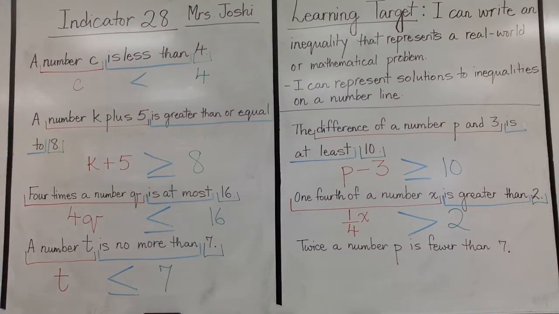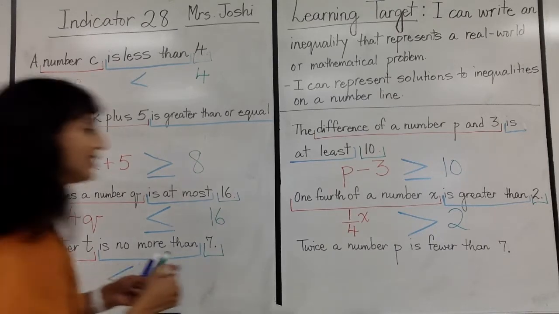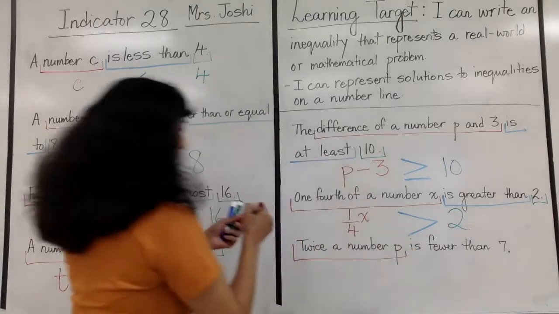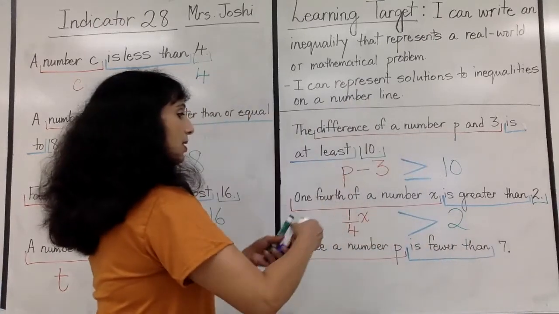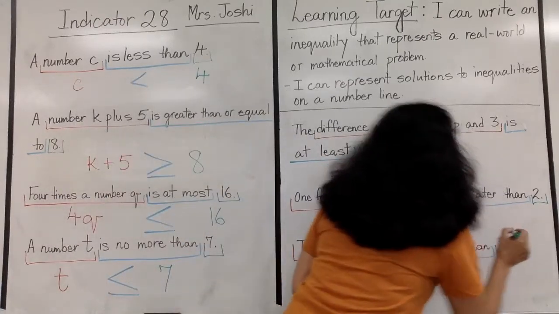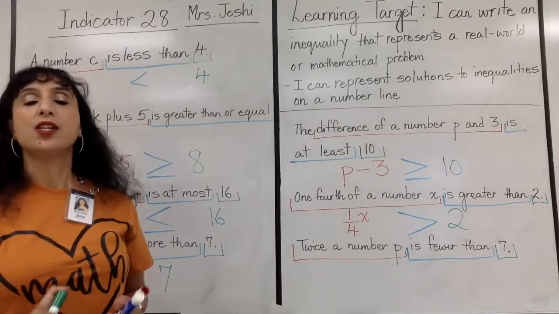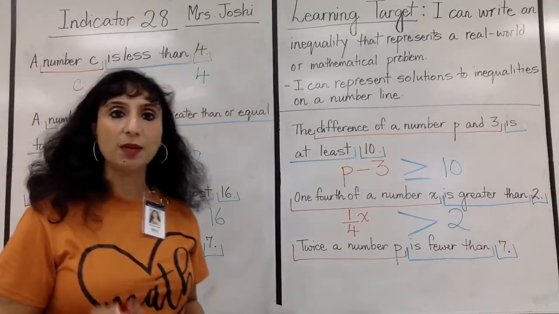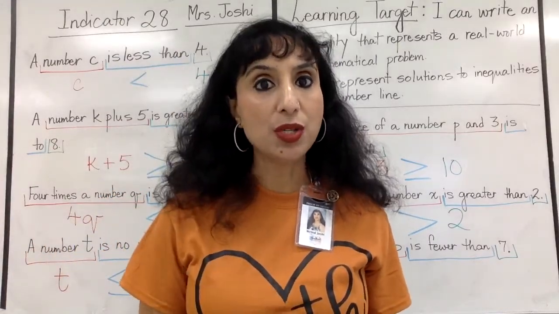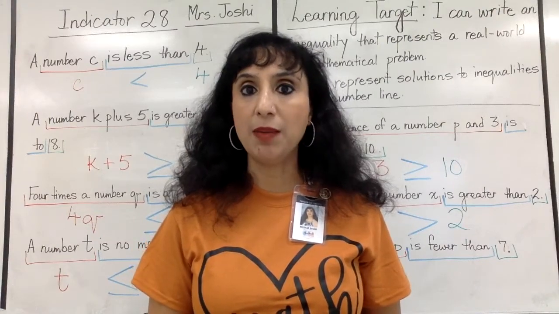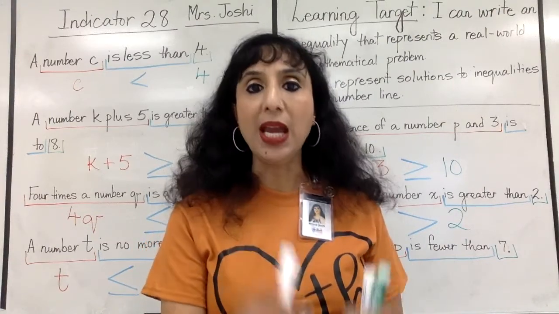The next one is saying twice a number p is fewer than 7. Okay, so if I'm saying twice a number p, we've talked about all the multiplication terms, and twice means 2 times a number. So twice a number p means 2p.